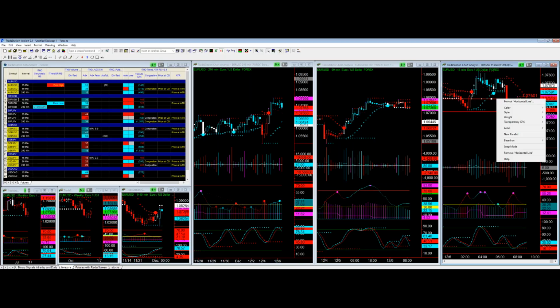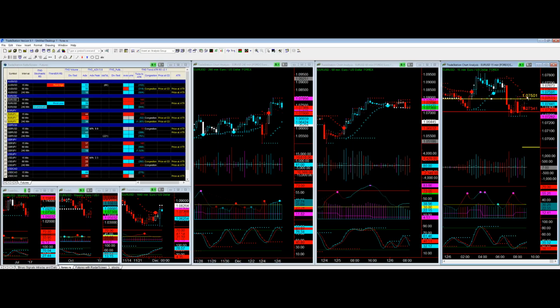So your risk is limited to the difference between 0750 and 0734. Even if it comes up to 0780, your risk is capped at 0750.